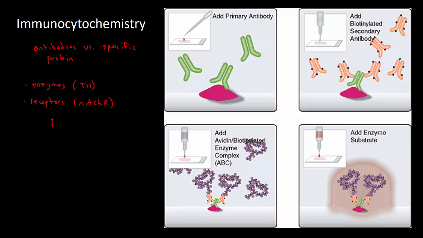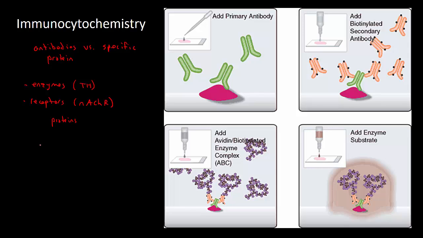These are all proteins. So if I take some human nicotinic acetylcholine receptor and I inject it into a mouse or a rat, that animal is going to make an antibody against it.